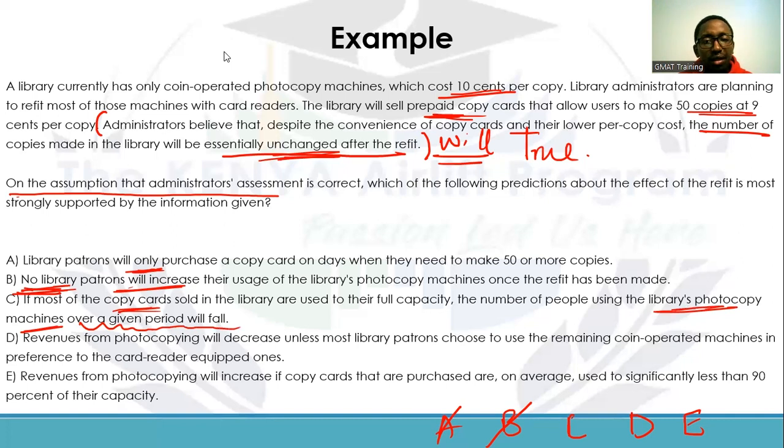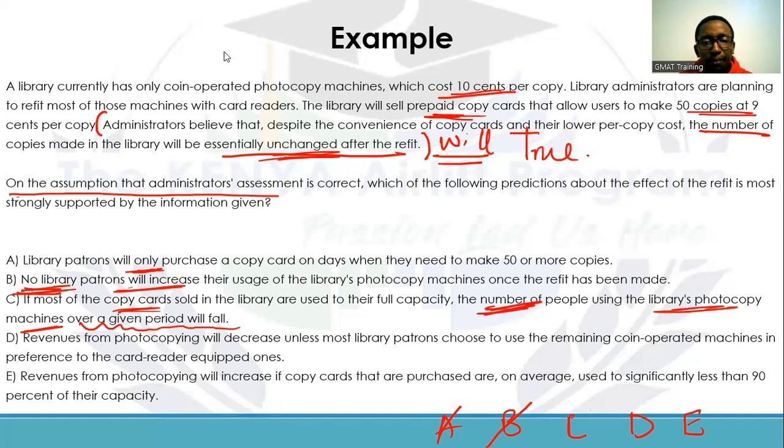Just because they are shifting to using copy cards doesn't mean that the number of patrons will reduce. There's no information that we're given that insinuates that remotely.